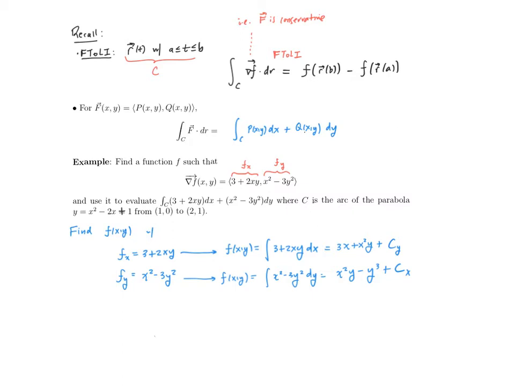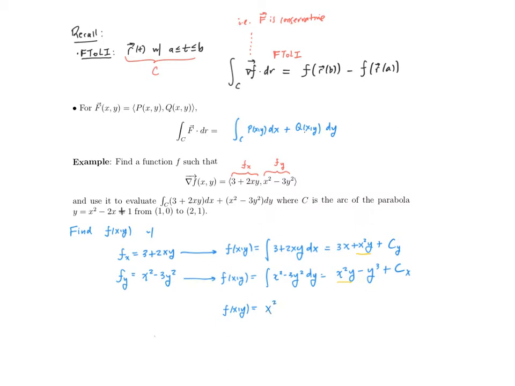Once we have these two representations of f, we should be able to match them together to get a single function representing f. The general rule of thumb is any quantity involving both x's and y's should appear in both of the equations. If there's a quantity involving x's and y's that only appears in one equation, double check your work. That would indicate the vector field is not conservative.